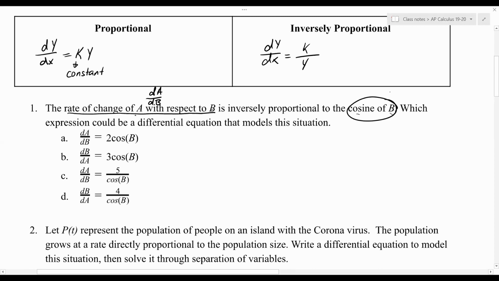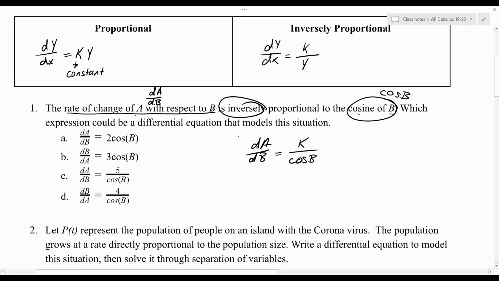And here we have cosine of B, and it is inversely proportional. So if we know it's inversely proportional, that means we have to have a fraction with cosine of B on the bottom. So we'll have dA/dB equals some constant divided by cosine of B.